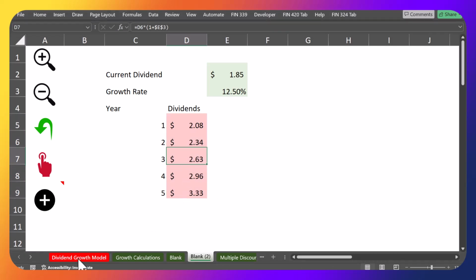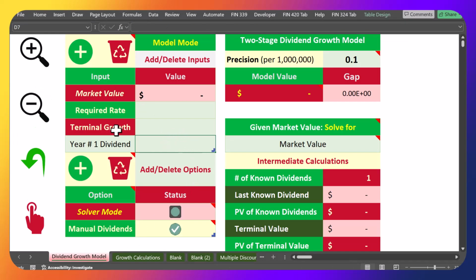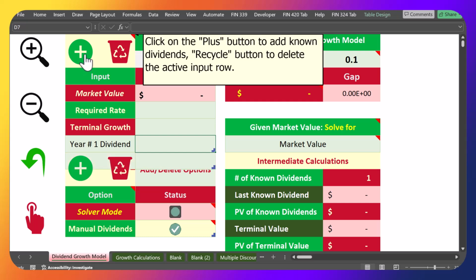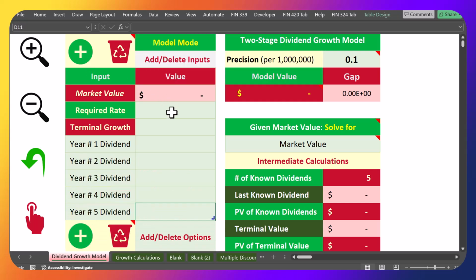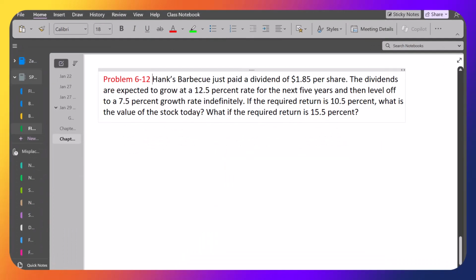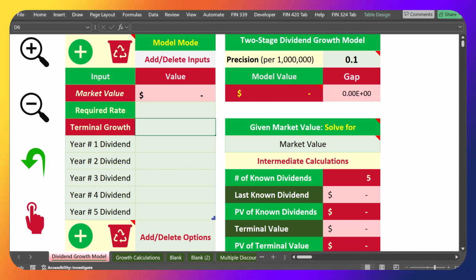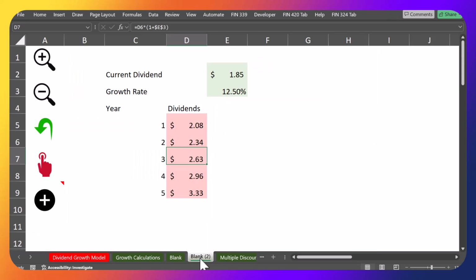All right, let's go to our dividend growth model. Let's add 4 more years of dividends: 1, 2, 3, 4. Terminal growth is 7.5. Required return is 10.5.